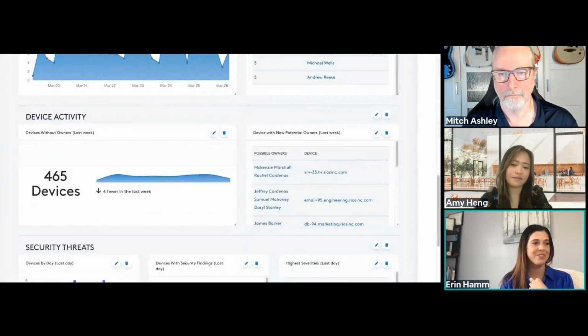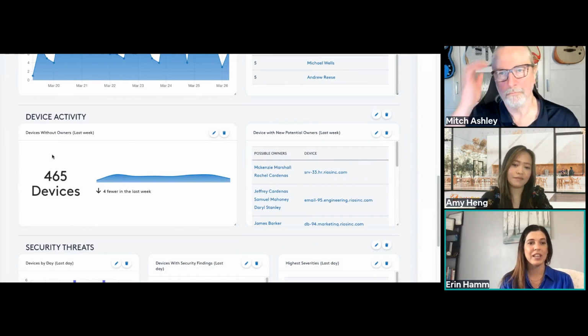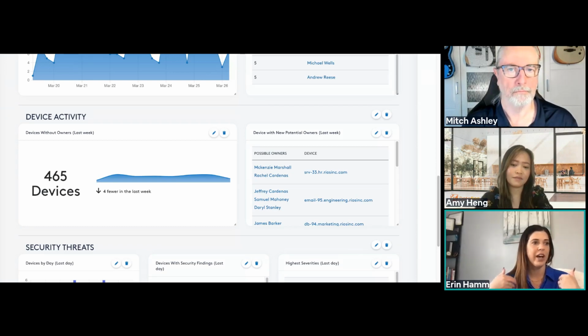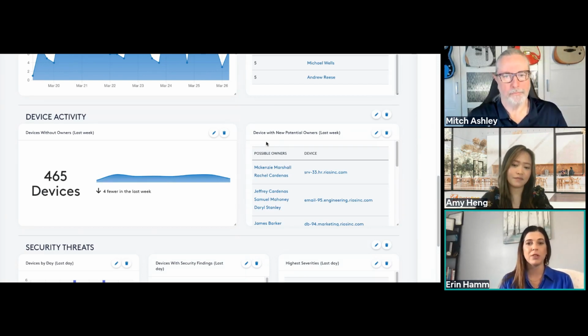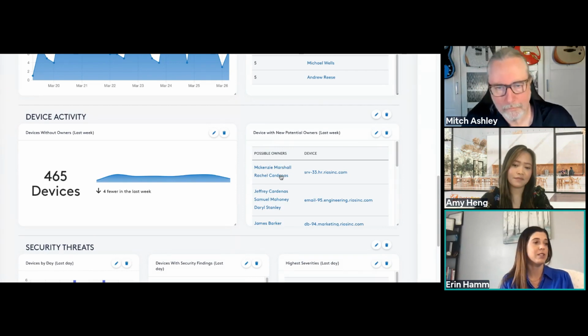The next one is the device activity. And so I can look at how many devices we have without ownership. I can see over the last week, I've had 4 fewer devices. That means we have devices where we previously didn't have ownership, but we now have the ownership on those, so that's gone down. I'm also able to see the devices with potential owners.